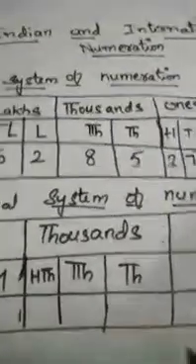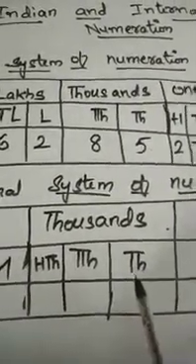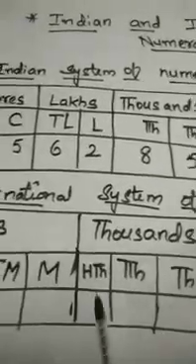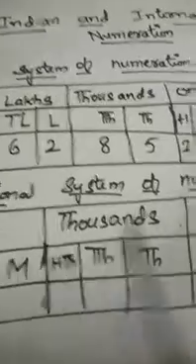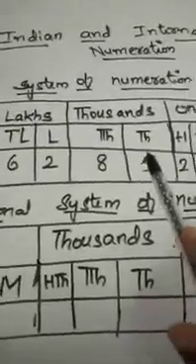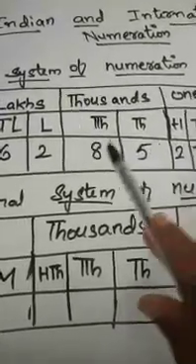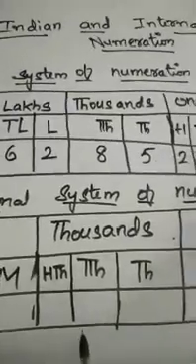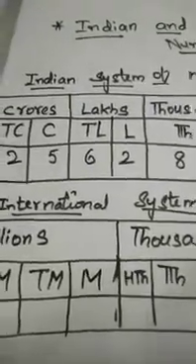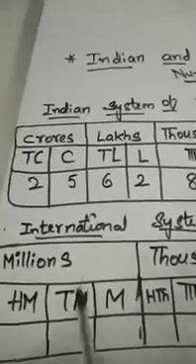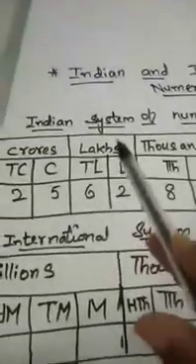In thousands we have 1,000, 10,000 and 100,000. So from here the difference comes. In the Indian system we have 1,000 and 10,000 only, but here we have 1,000, 10,000 and 100,000. Here millions, there lakhs and crores.